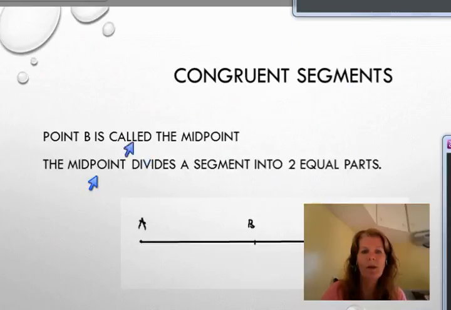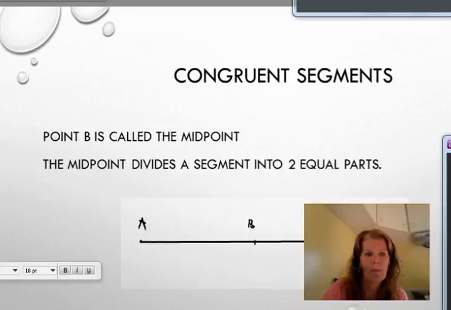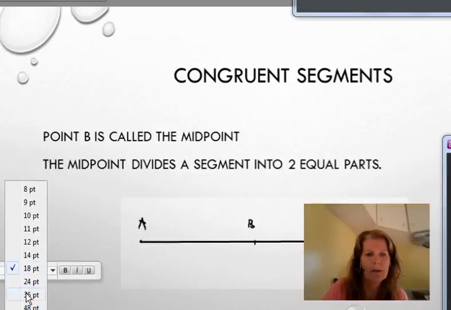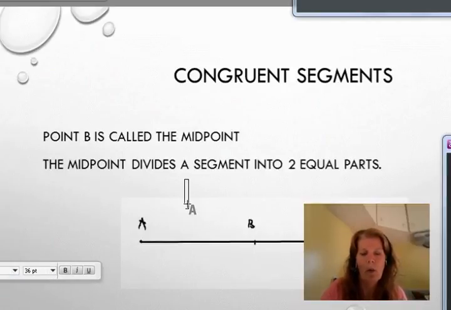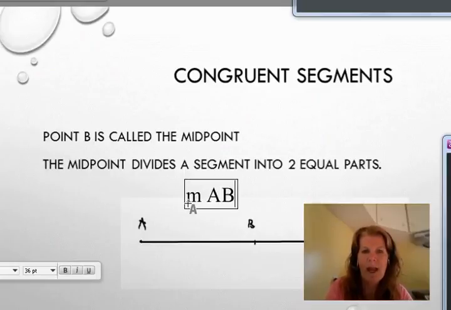So since I'm telling you that B is the midpoint, then we know that whatever the measure of segment AB is has to equal the measure of segment BC.